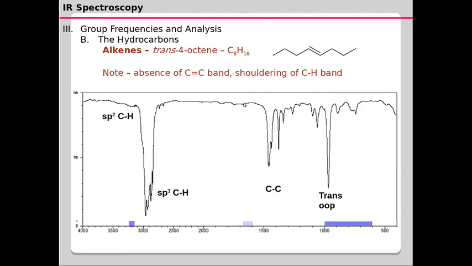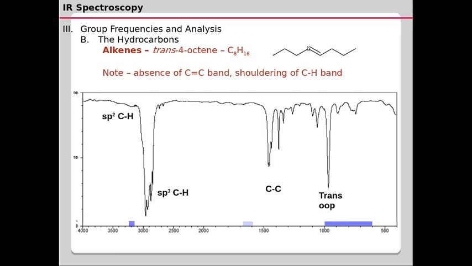There is no band at 1650 centimeter inverse, or the band is really weak, because the carbon-carbon double bond is highly symmetrical. And you can see a high intensity band at almost 950 centimeter inverse, which is due to the out of plane bending vibration of the carbon hydrogen bond of the trans system here.